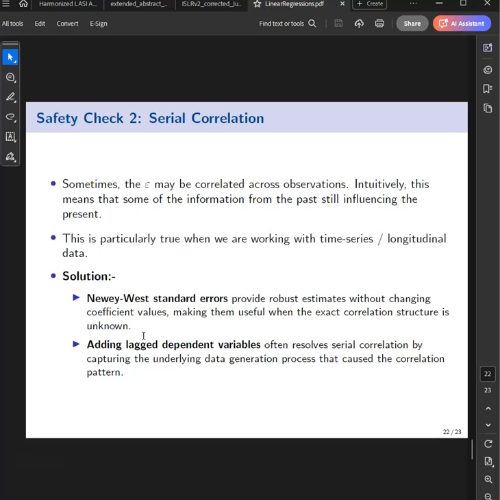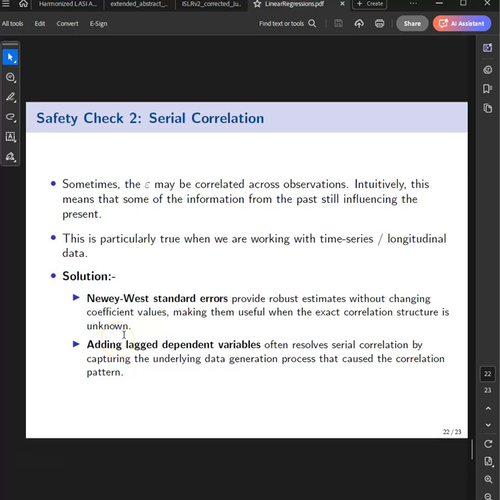This matters because, just like heteroscedasticity, this issue affects the standard errors, or the precision of your estimates. There are solutions. One approach is to use something called the Newey-West standard errors, which provide robust estimates without changing our coefficient values. This is particularly useful when we are not sure about the exact correlation structure of the error term.